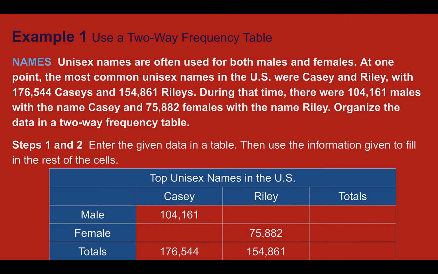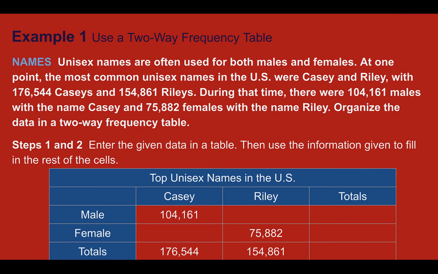Example 1. Use a two-way frequency table. Our real-world context is names. Unisex names are often used for both males and females. At one point, the most common unisex names in the US were Casey and Riley, with 176,544 Caseys and 154,861 Rileys.